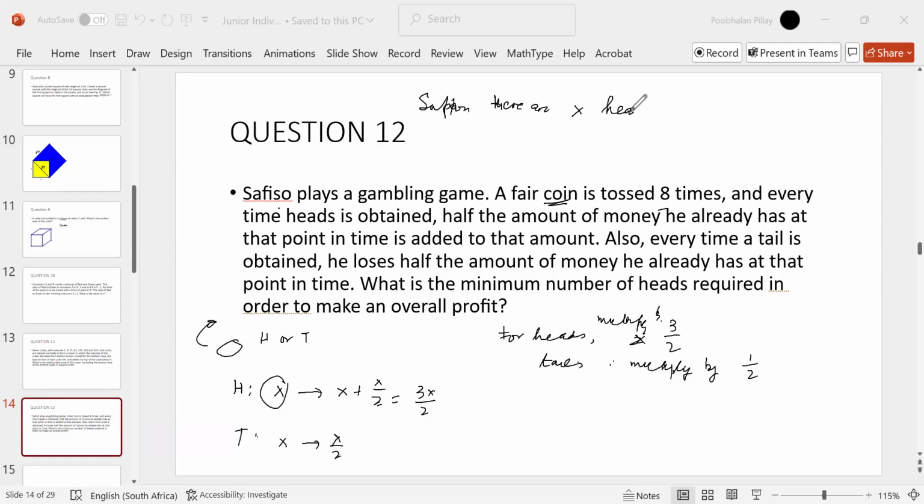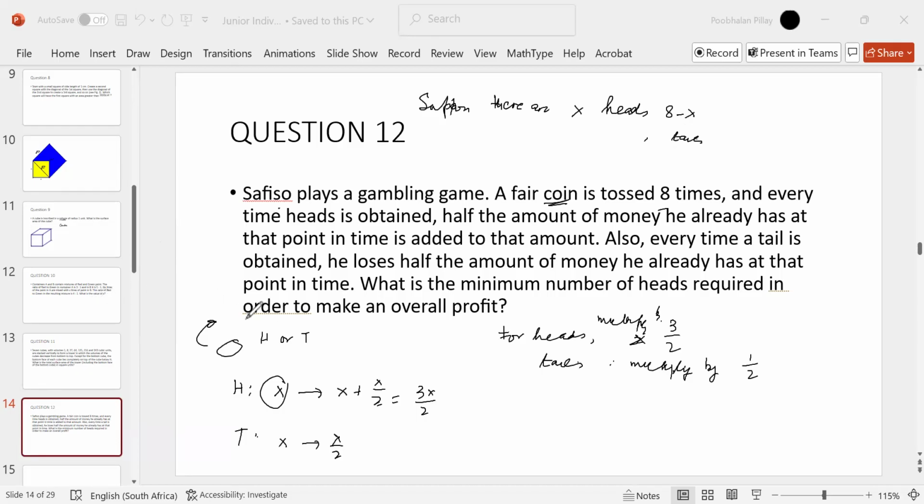We'll try to understand the question just now. But it says, what is the minimum number? So that's an unknown. Suppose there are x heads, and it's tossed 8 times. So therefore, there are 8 minus x tails, isn't it? It's either heads or tails. So he tosses this thing 8 times: x times it's heads, and 8 minus x times it's tails. Okay. So what does he have altogether?